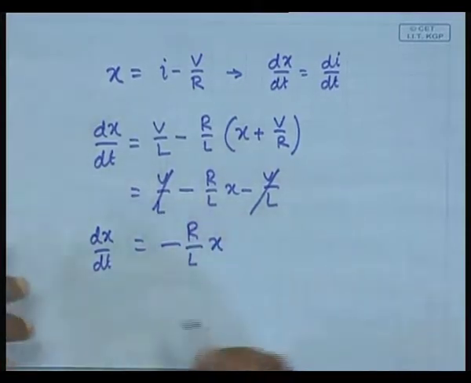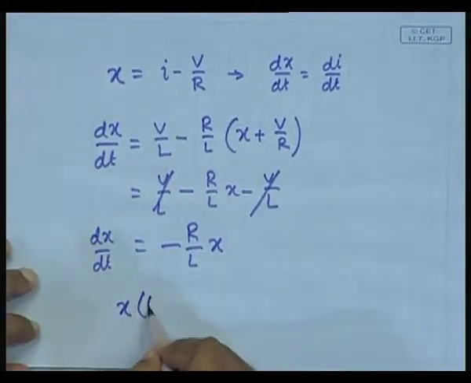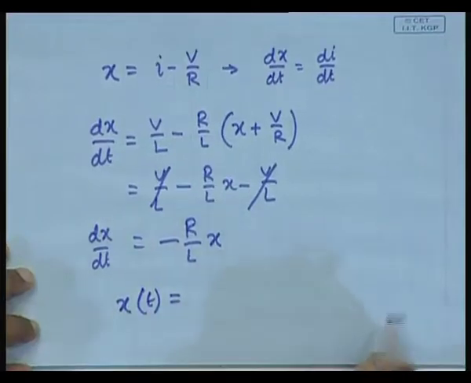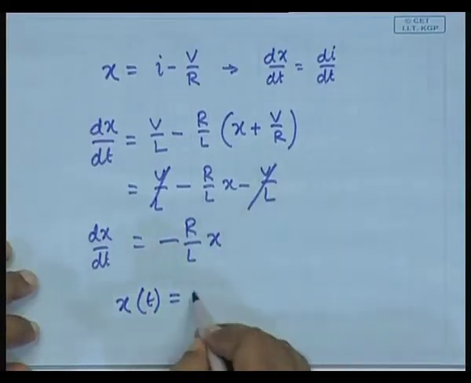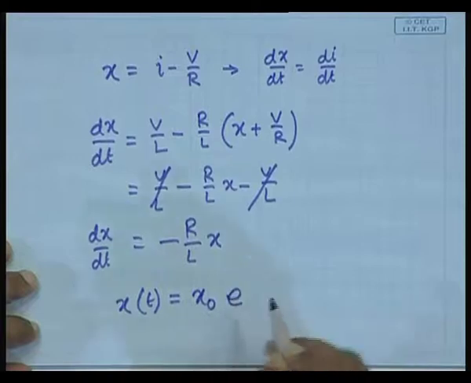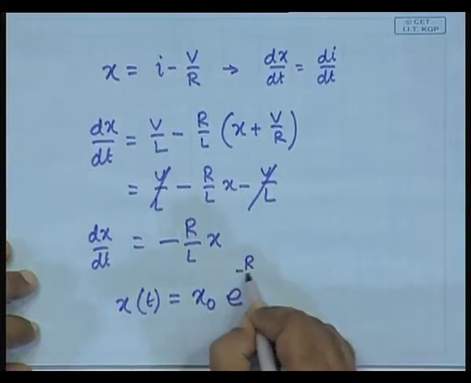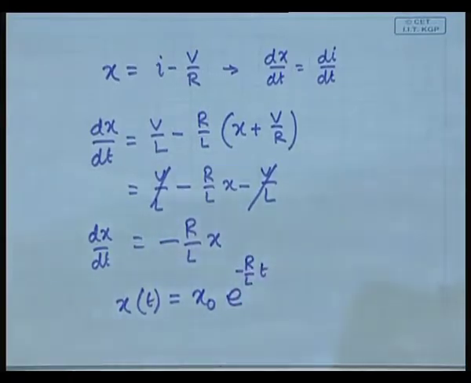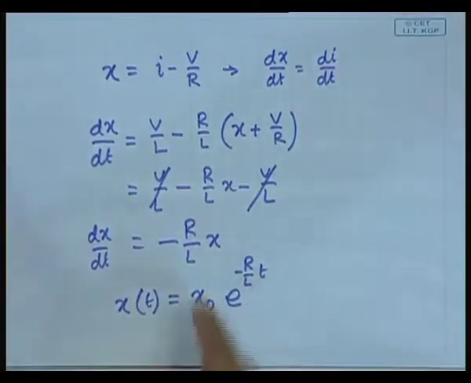What is the solution? x of t will be x naught e to the power of minus R by L t. What is your x naught? If the initial current is 0, x naught is the initial deviation from the final equilibrium point.